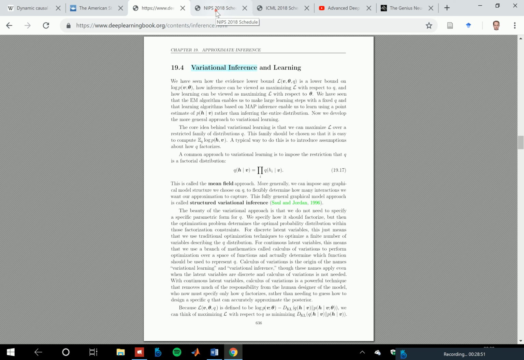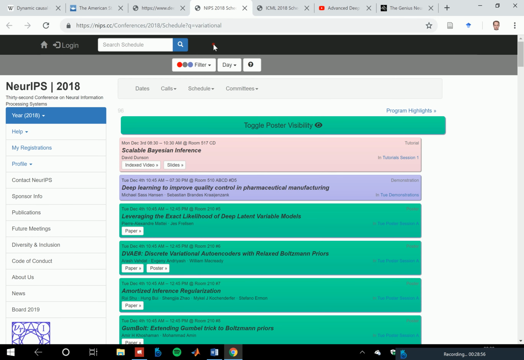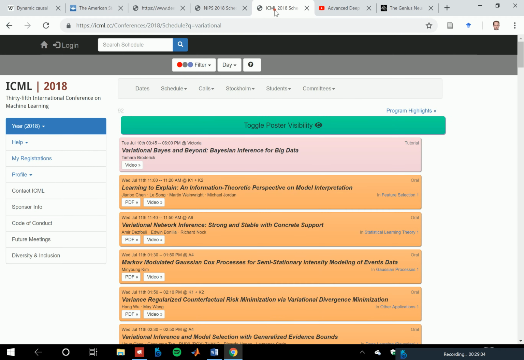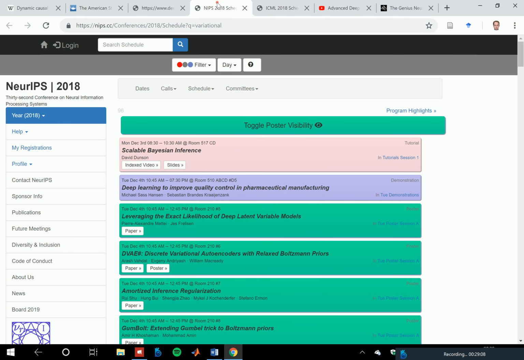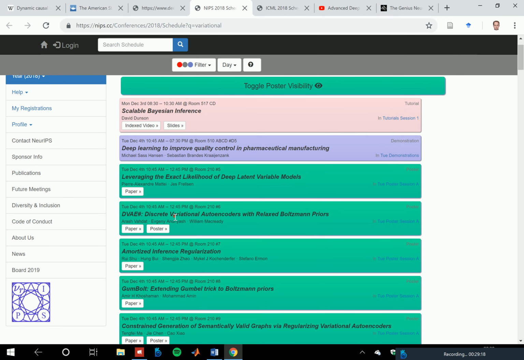The good thing is, if you look at what people talk about at NIPS, which is one of these artificial intelligence machine learning conferences, or ICML, which is another one, the International Conference on Machine Learning, or the Conference on Neural Information Processing Systems, what people talk about there is variational inference, for example under the new name of variational autoencoder.